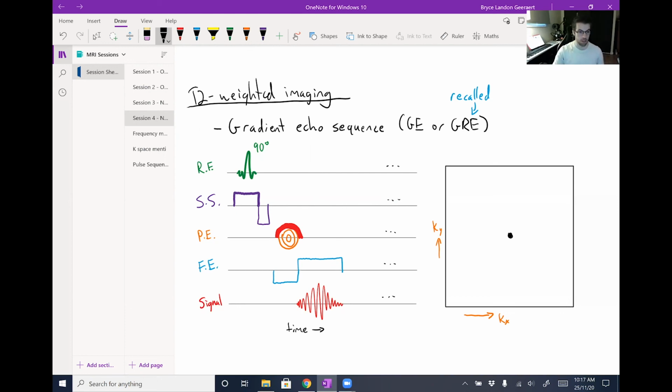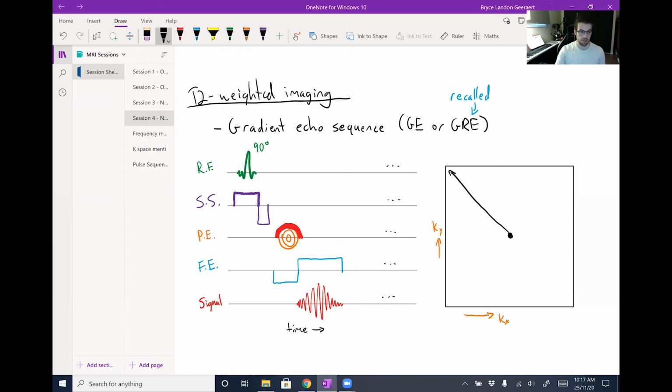And we can do those at the same time. So our movement at the point of these two gradients being on, the phase encoding and the negative frequency encoding, is going to move our point in a diagonal line to the corner of our k-space at the top left. Phase encoding up, frequency encoding left.